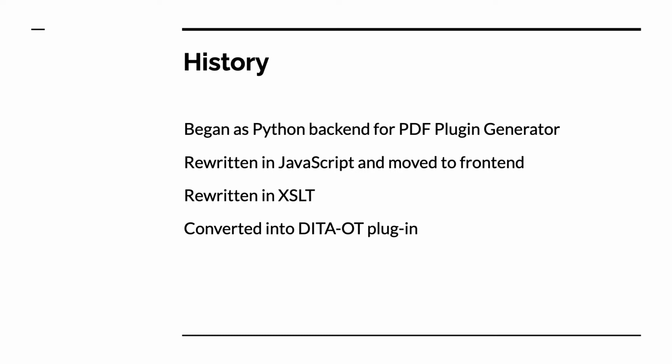Then at some point I decided I want to rewrite it in JavaScript, and I did that and moved the generation to run in the front end, so you didn't need a backend anymore. Then I realized that XSLT 3 has native support for JSON, so you rewrite it in XSLT.